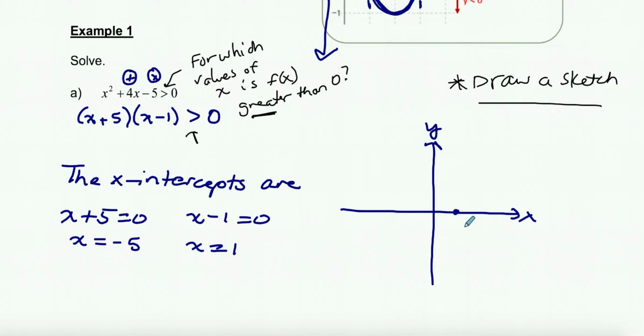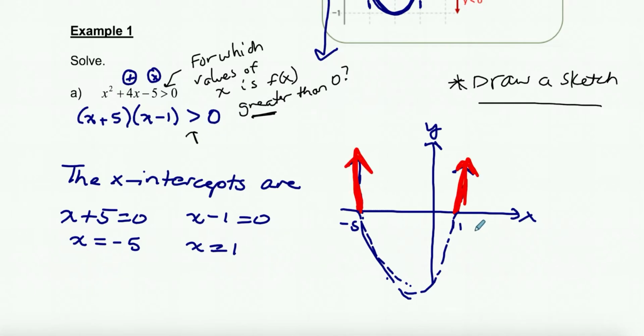This would be an intercept at 1, and I would have another one at -5. This parabola is obviously going to have a vertex maybe somewhere over this way. I'm not too worried about the vertex. What I want to know is, where is this parabola vertically going to be greater than 0? What we can see is that anywhere greater than 1 or less than -5, these are the areas of this parabola that vertically are going to be greater than 0.